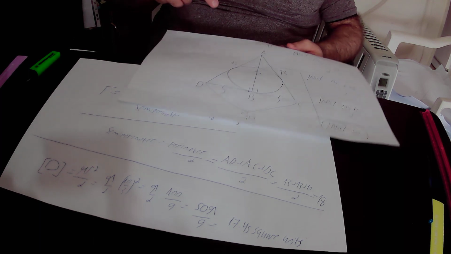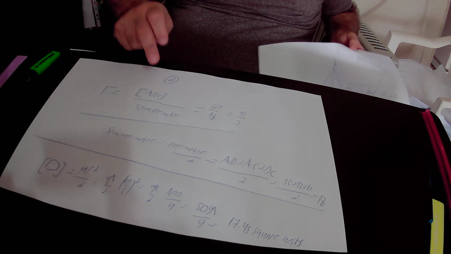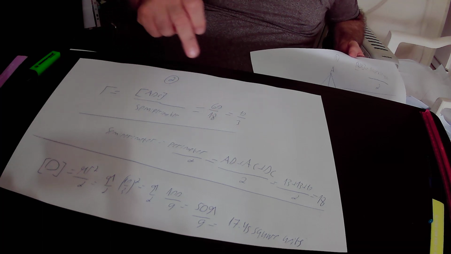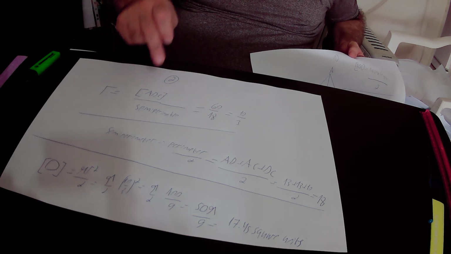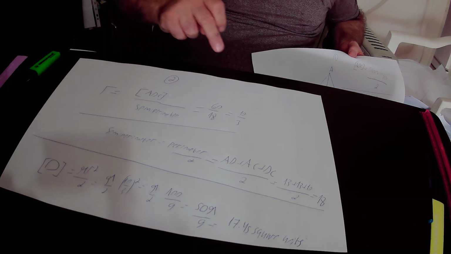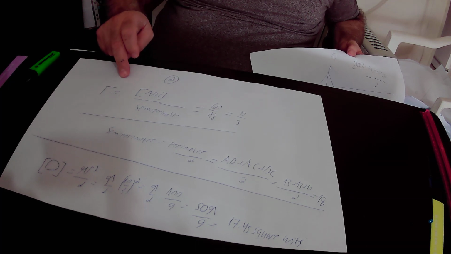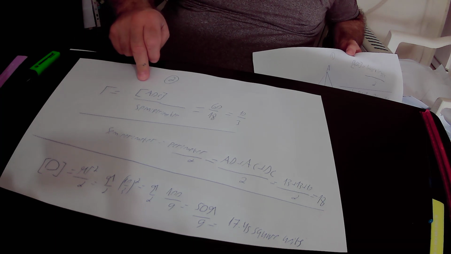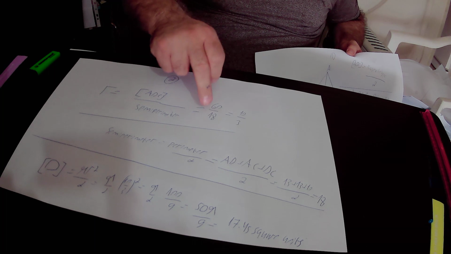So we found out that the semi-perimeter of triangle ADC equals 18 units, and the area of the isosceles triangle ADC is equal to 60 square units. Therefore, the radius of the circle that is inscribed in triangle ADC is equal to 60 over 18.